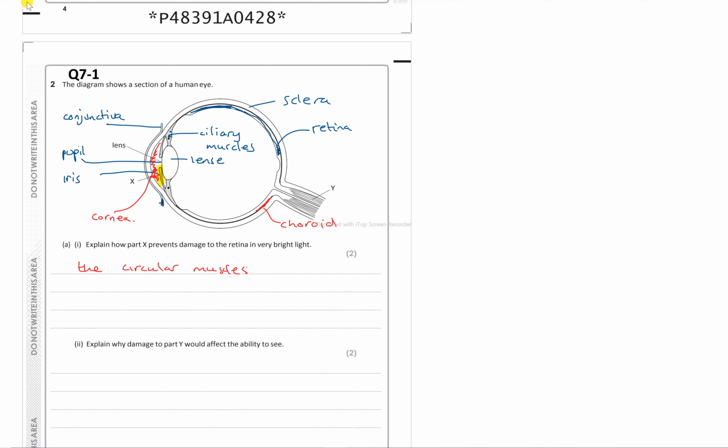The circular muscles contract, and at the same time the radial muscles relax, and the pupil gets smaller, but you want to use the word constricts. There you go.